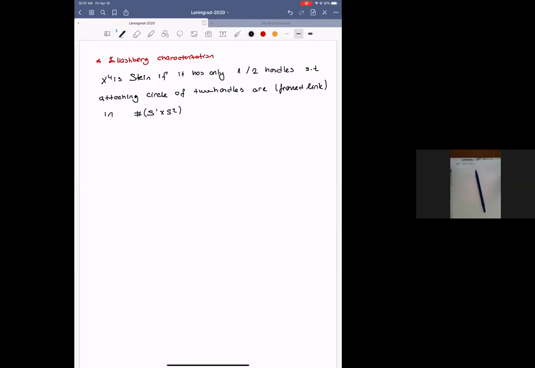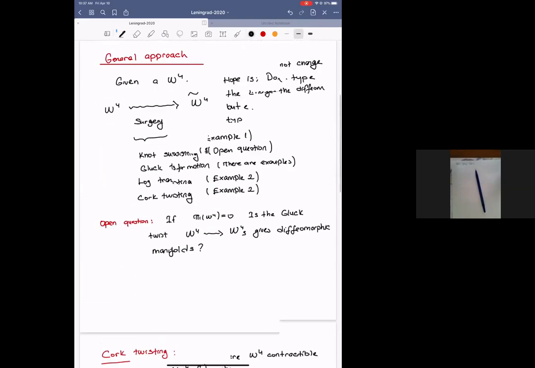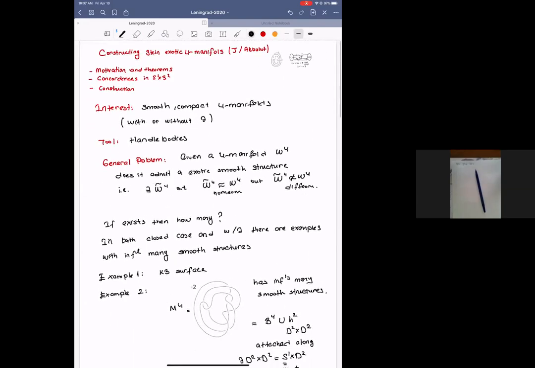So for each copy, you have S1 cross S2. So the framing is TB minus 1 or smaller. Maybe we don't need that one because we can always make it. So what I'm saying here, here's the picture of what has been Stein.